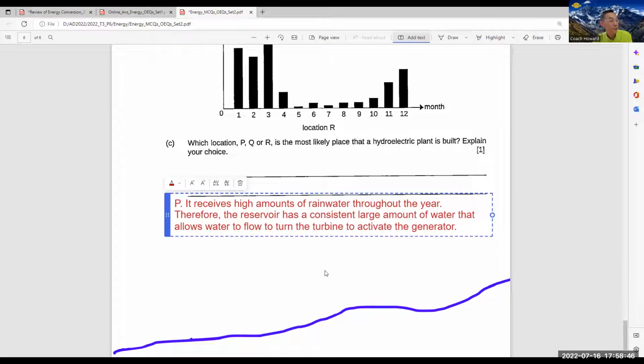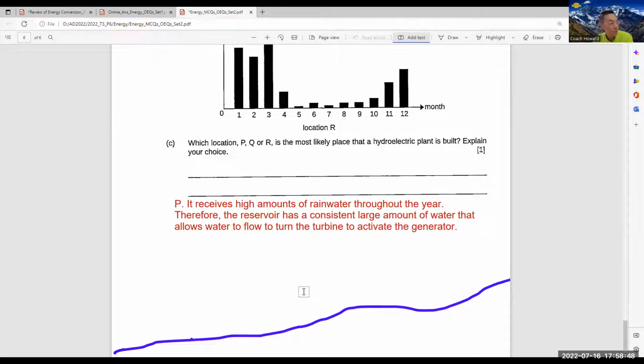Location P receives high amounts of rainfall throughout the year. Therefore, the reservoir has a consistent large amount of water that allows water to flow through to turn the turbine to activate the generator. You take down the answer. I will send this to you now, plus the previous one.